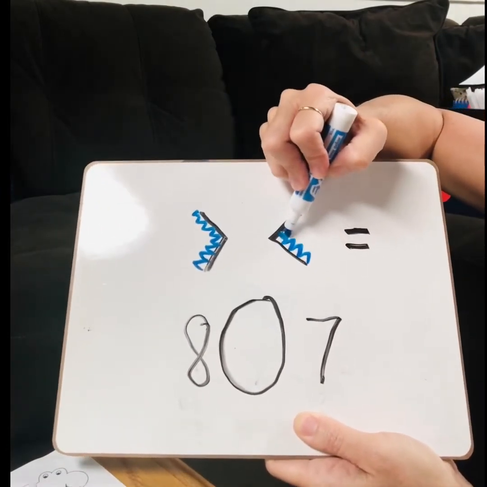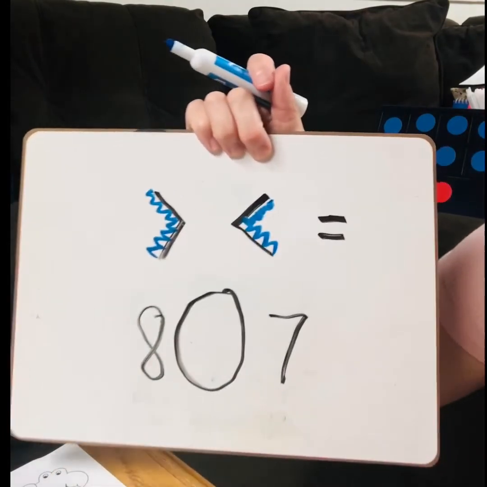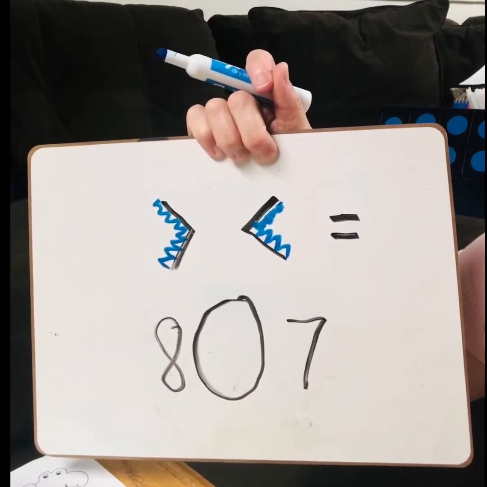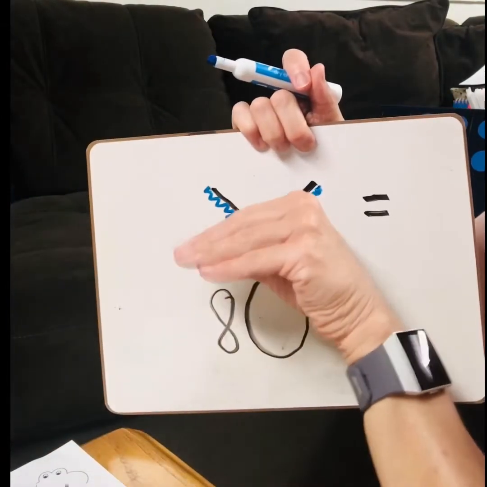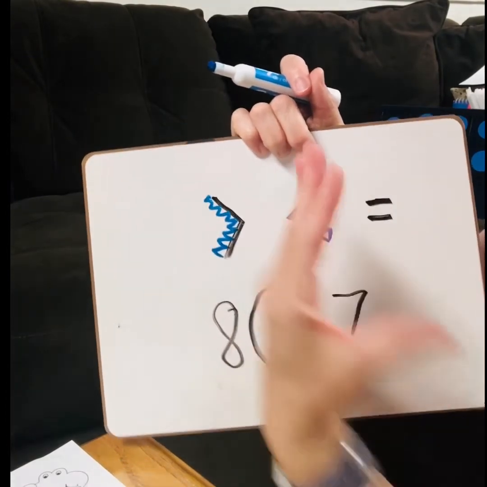Okay? Now the alligator wants the larger number. So remember, his sharp mouth is open to the larger number.